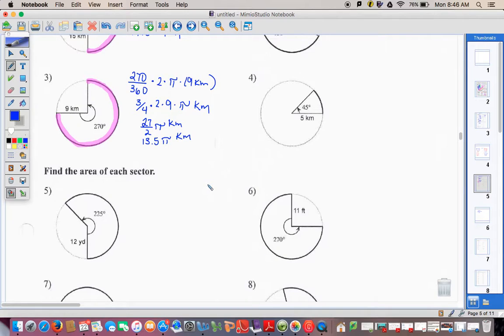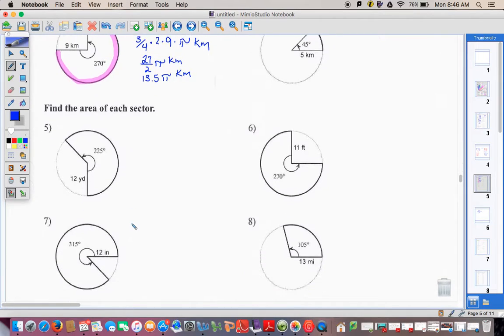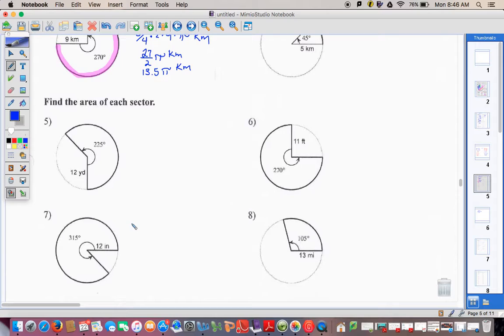If we're looking for the area of each sector, we're doing the exact same thing. Instead of using the circumference formula, we're using the area formula. So this angle here is 225 degrees, and what we're looking for is this area right here, all of this.